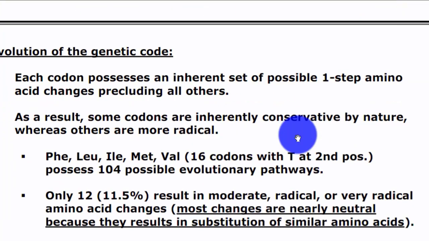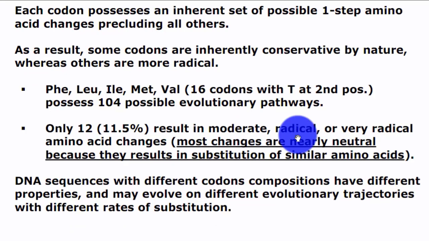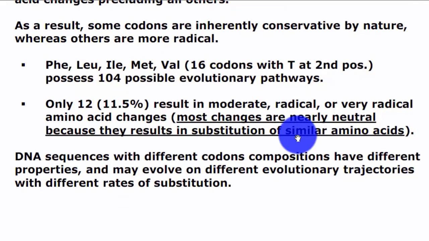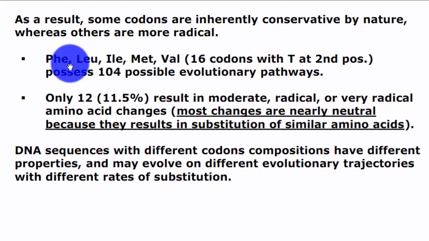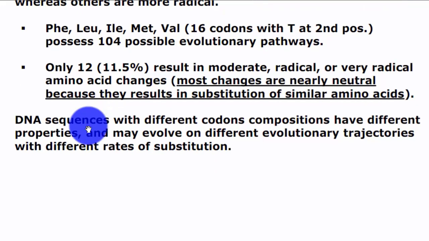Evolution of the genetic code. Each codon possesses an inherited set of possible one-step amino acid changes, precluding all others. As a result, some codons are inherently conservative by nature, whereas others are more radical. Only 12 result in moderately radical or very radical amino acid change.